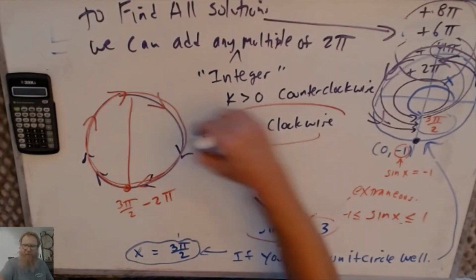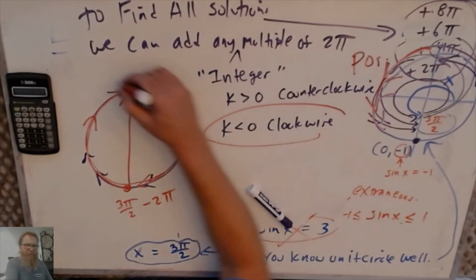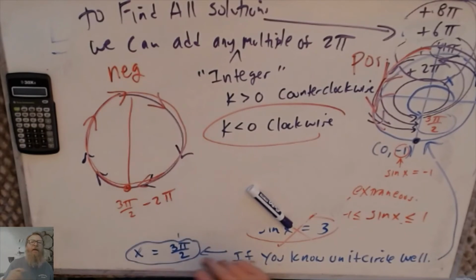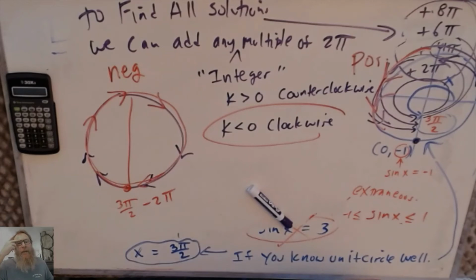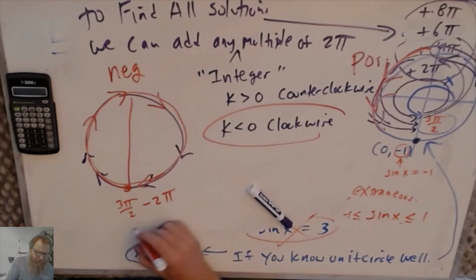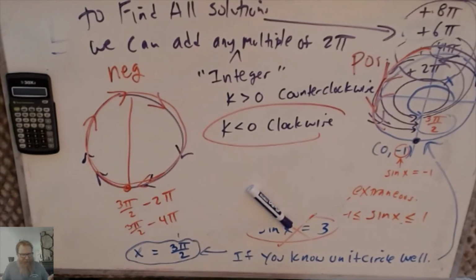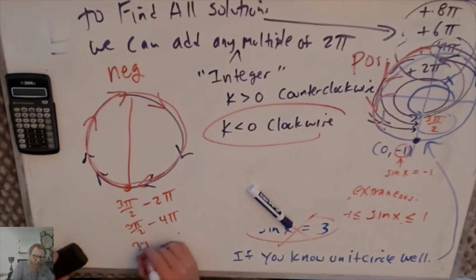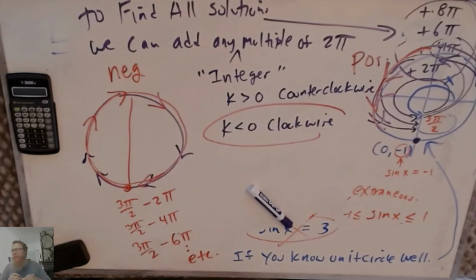Counterclockwise is positive. And I know that's weird. Technically the clock that you read is negative radians. So you could do 3 pi over 2 minus 4 pi, 3 pi over 2 minus 6 pi, etc.